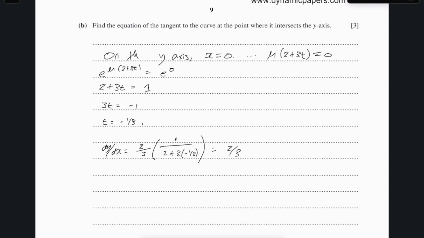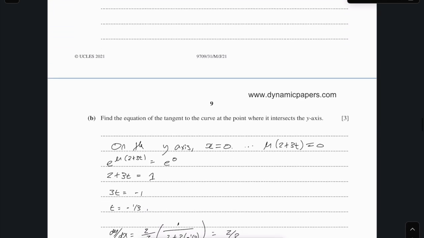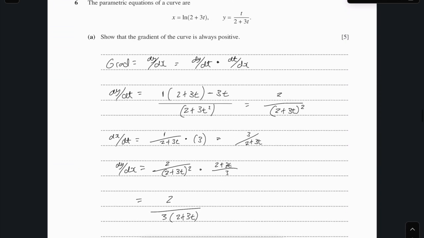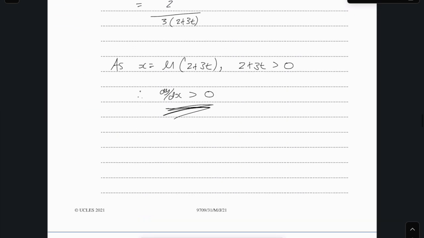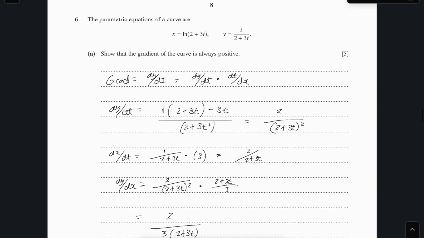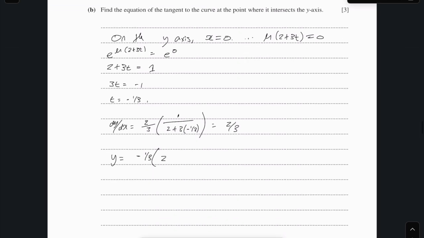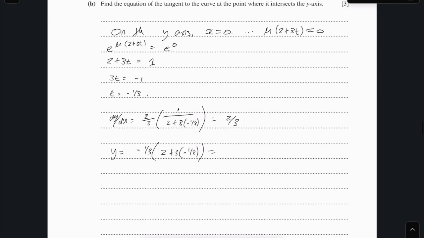Alright, and dy by dx is equal to 2 over 3. What's y going to equal? Well, at t equals negative a third, y is going to equal t over (2 + 3t), right, and that's just going to equal negative a third over 1. Okay, that's just going to equal negative a third.